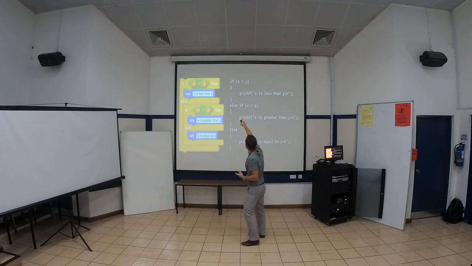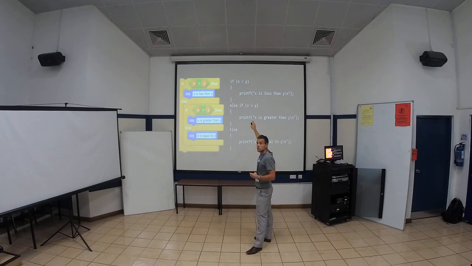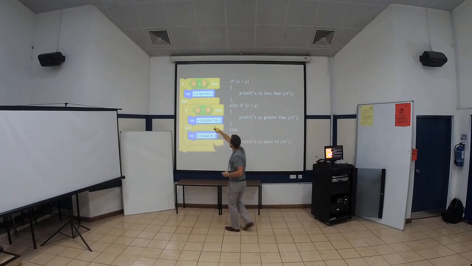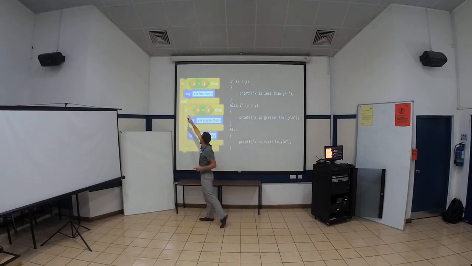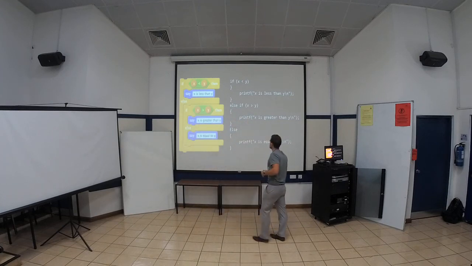And we've just got here, if x is less than y, so the first bit is the same. We then have these curly brackets, and then we've got the say function over in Scratch, and the printf function over in C, and then we've got the else command here in Scratch, else if, and we've implemented that with the else if x is greater than y in C.